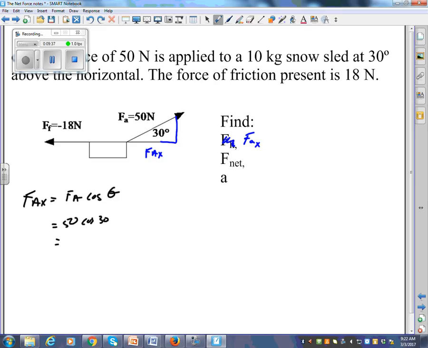That sounds about right, 43.3. So only 43.3 newtons is actually pulling it sideways.